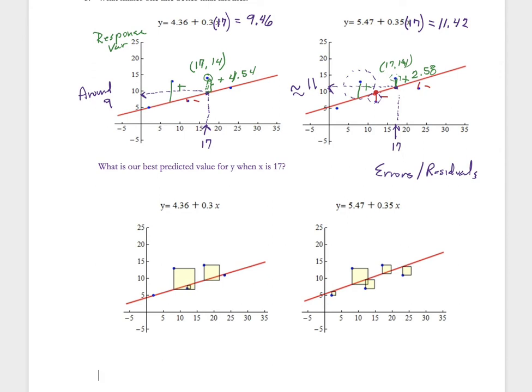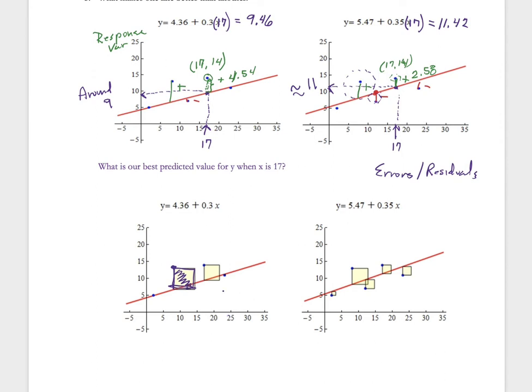In our picture here, the residual or the error was this vertical distance. To square that value, it can be represented by the area of this square. One side times the other gives us the area, the squared error or the squared residual for this point.